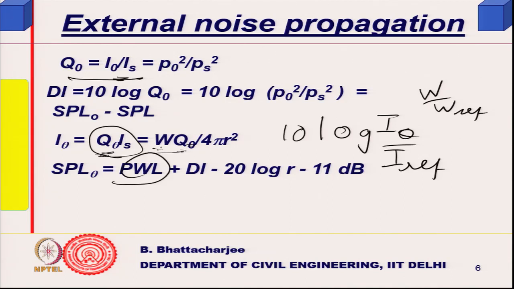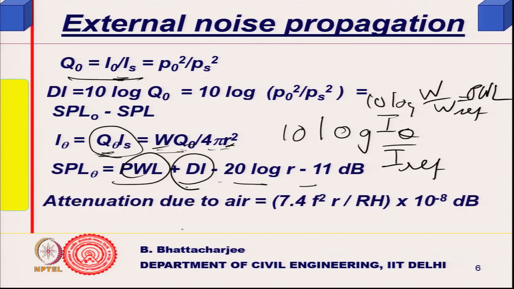This will be the power level. 10 log W by W ref is PWL, power level, plus directivity index, because 10 log of Q theta is the directivity index by definition, minus 20 log r, because r square is there, and this turns out to be 11. So, that is what we have seen.